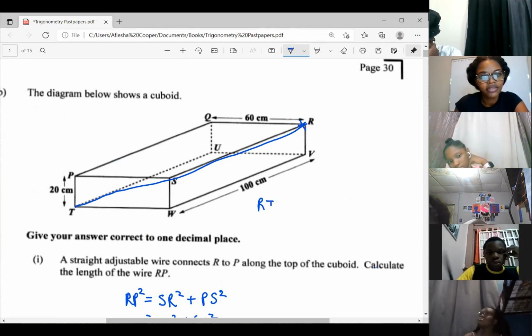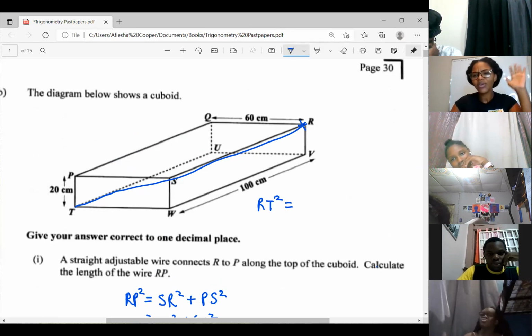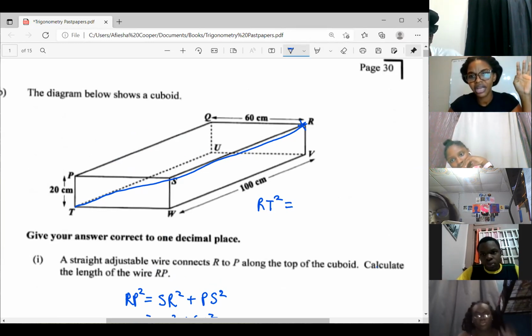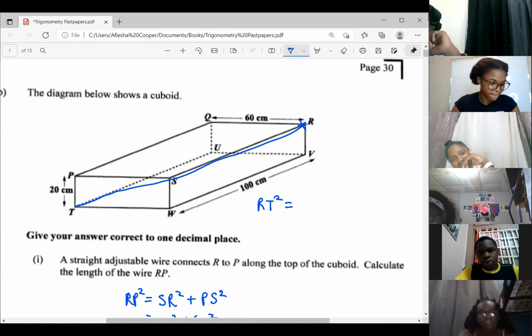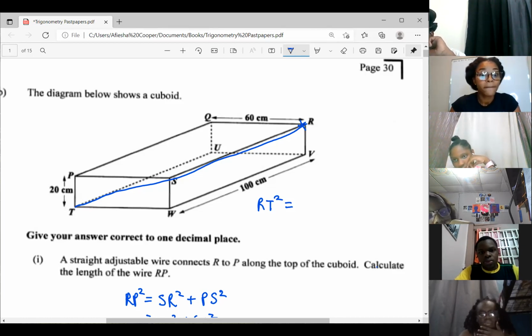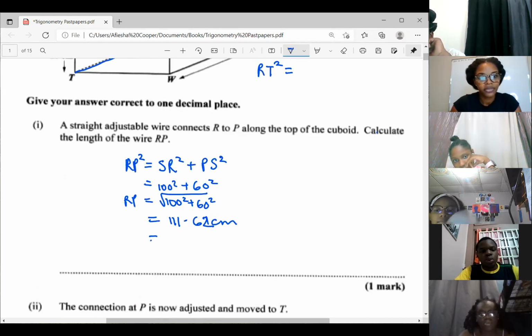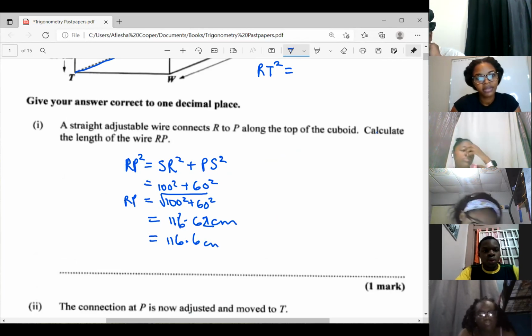Anyone completely confused with this question at first? When they said give your answer correct to 1 decimal place, the answer is 116.6 centimeters. Nice.